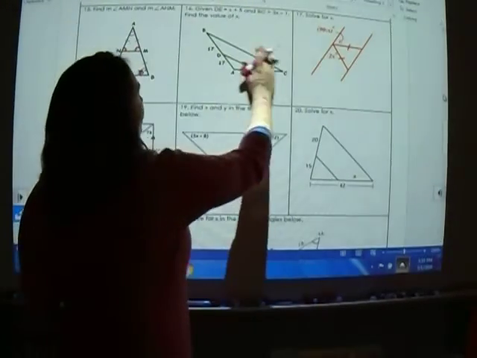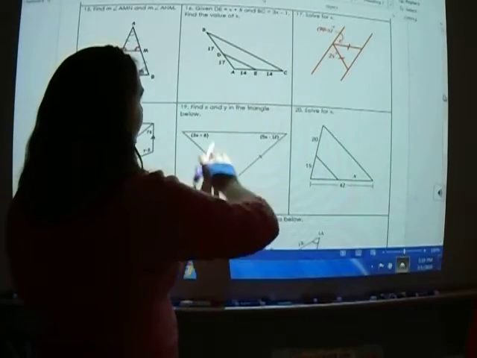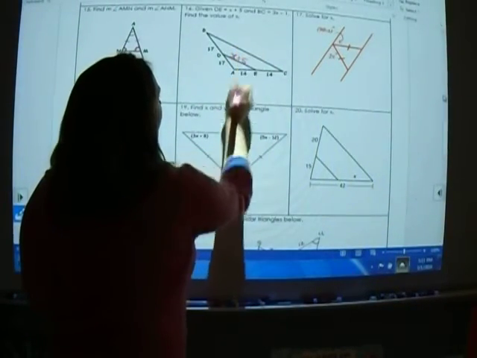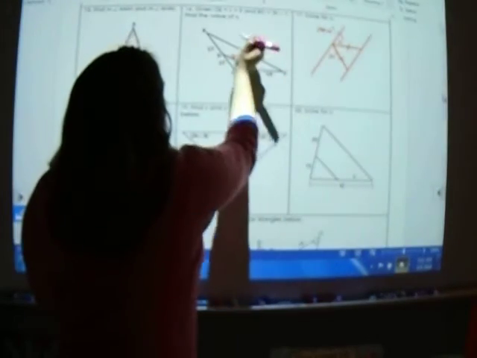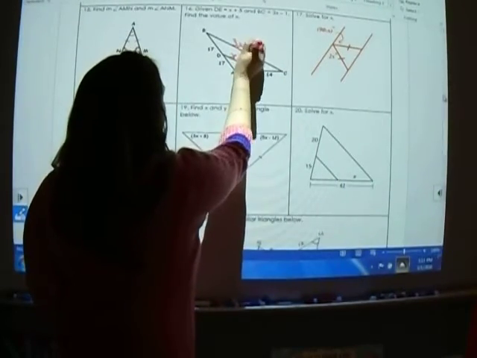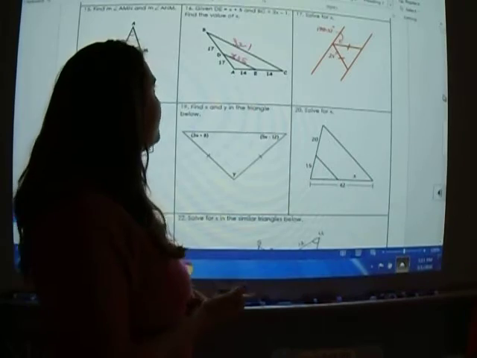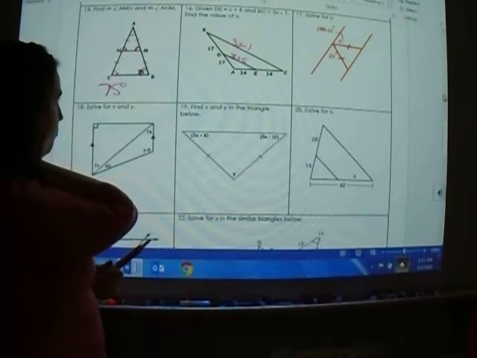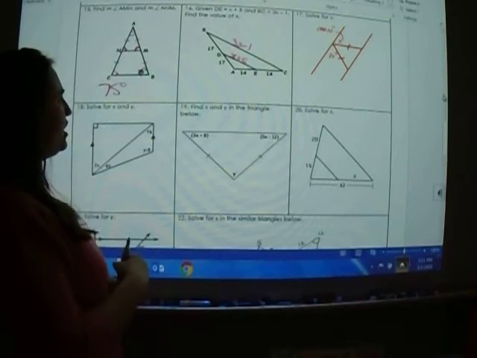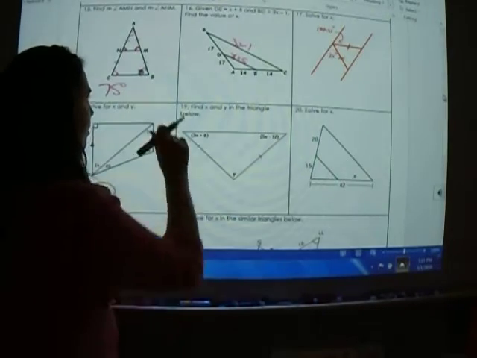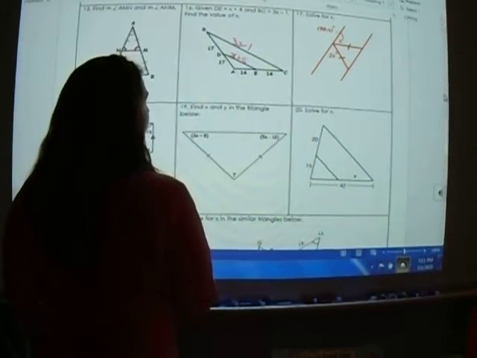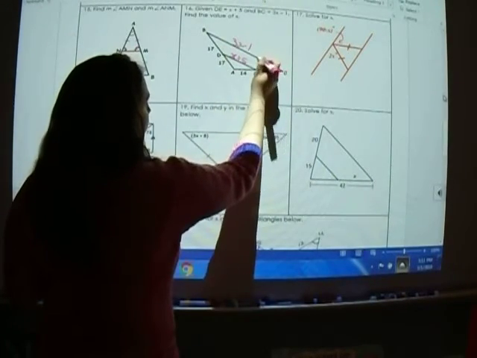Now let's look over here. Given that DE is x plus 5 and BC is 3x minus 1, find the value of x. Well, because this is a midpoint and this is a midpoint, this is half of this line, right?